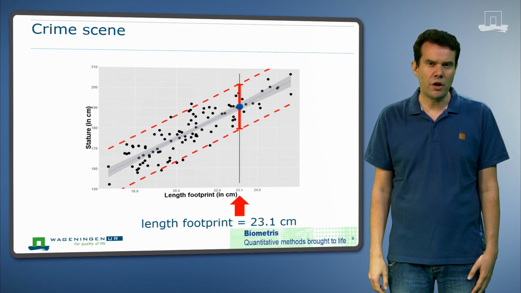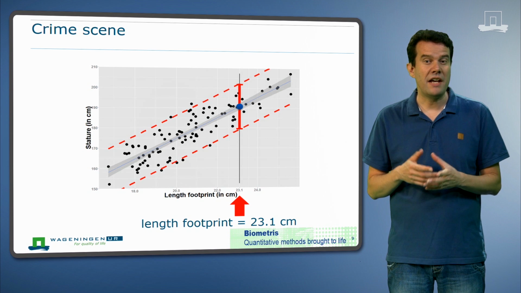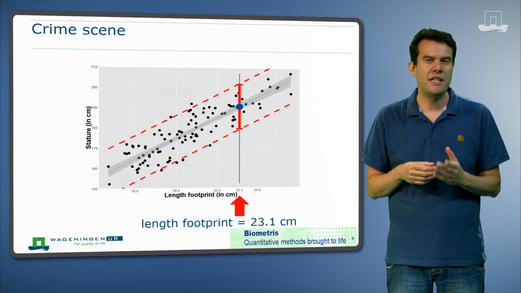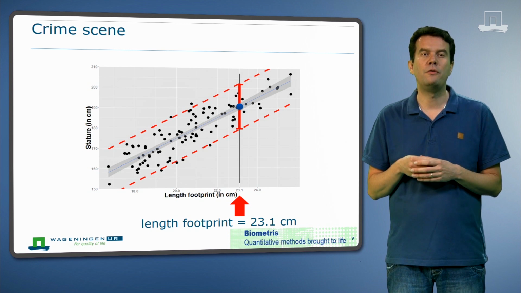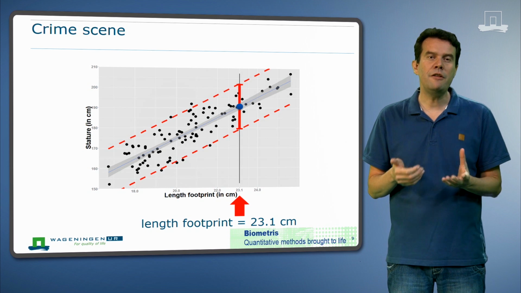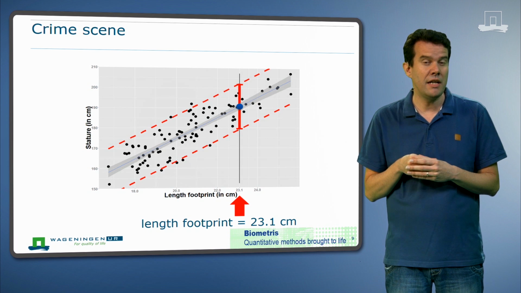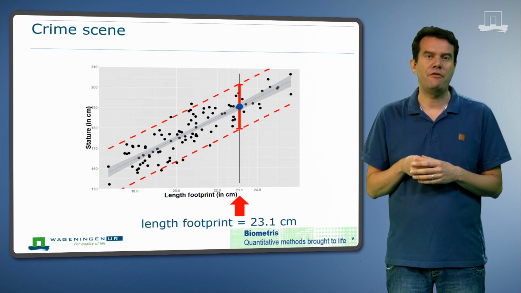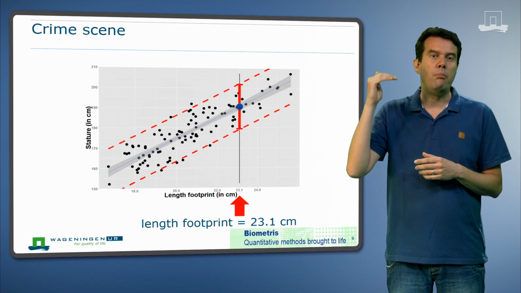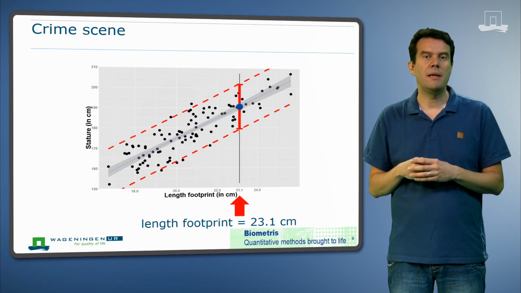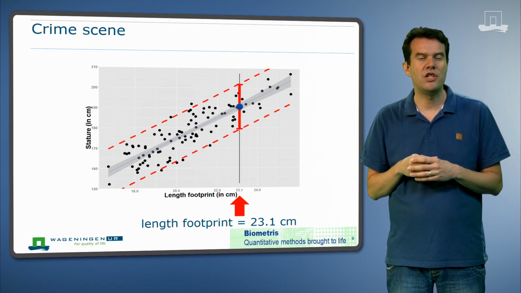However, the uncertainty, indicated by the red arrow bar, is larger, since this is about a predicted value for a single person. Even when we can estimate the mean very accurately, an individual may have a stature considerably above or below this mean, implying that we have sizable prediction error anyway.